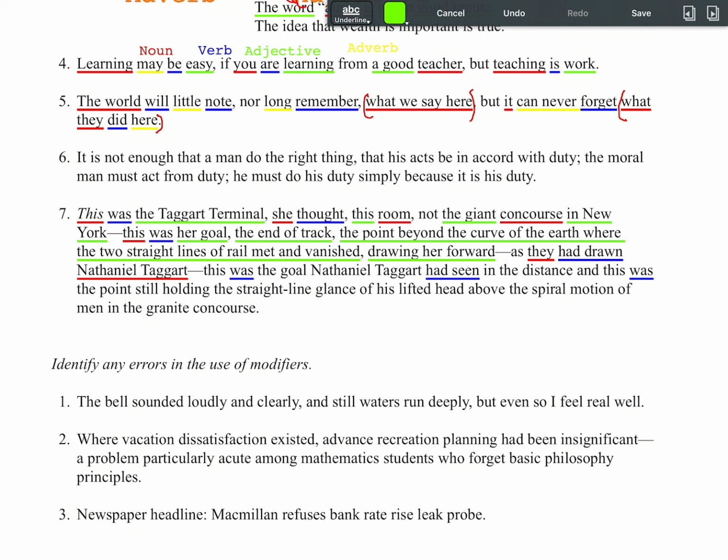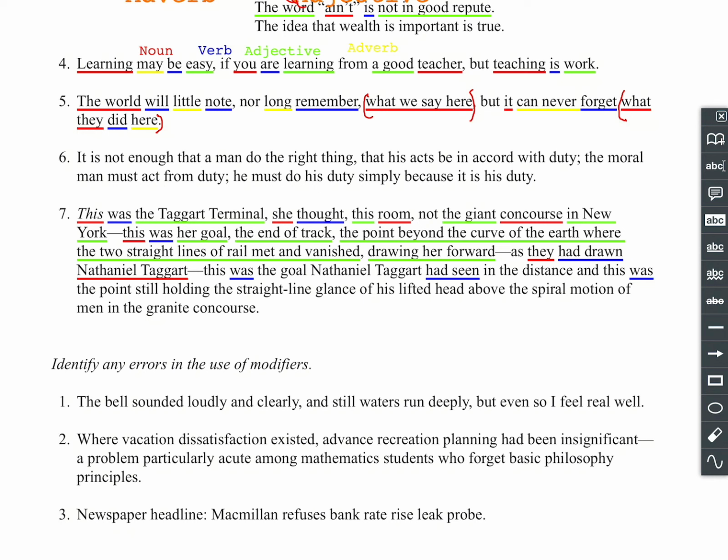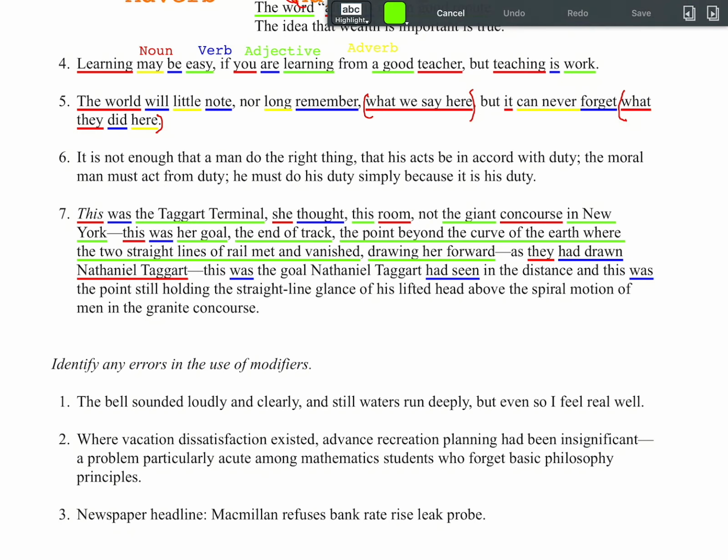So I'm gonna then go to like the little highlights or the other type of highlighting so I can do more stuff. Because like I want to take the point beyond the curve of the earth where the two straight lines of rail met and vanished and break that down more.